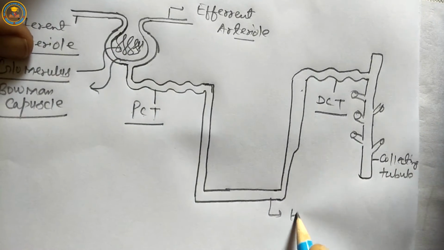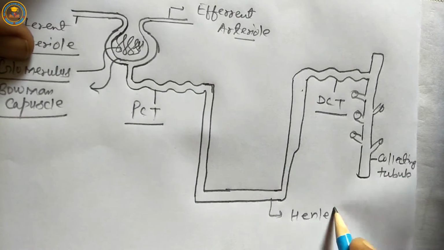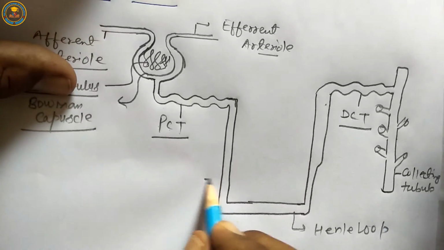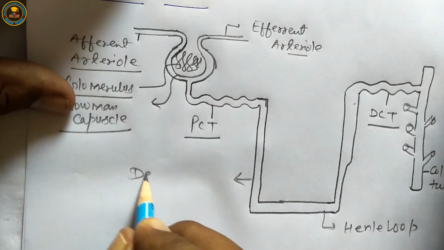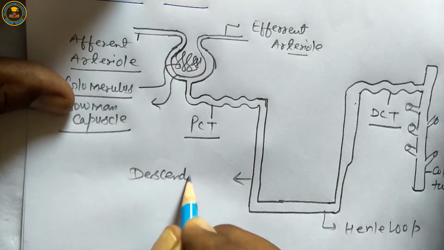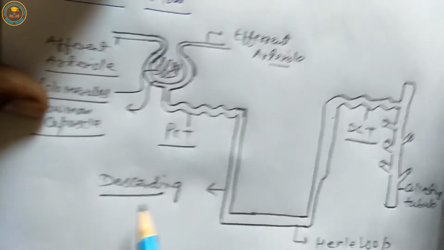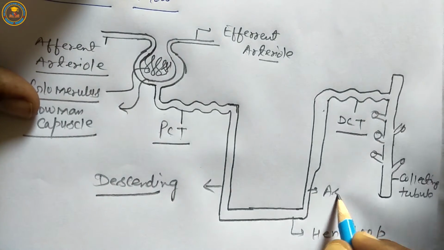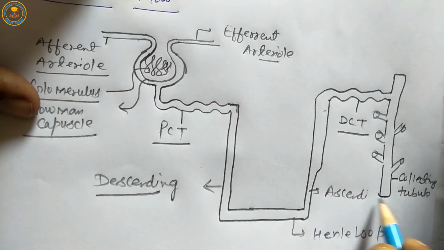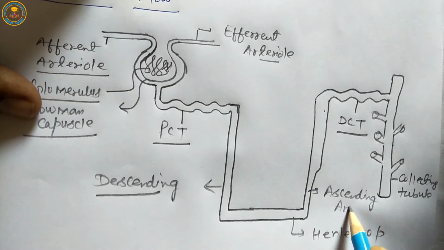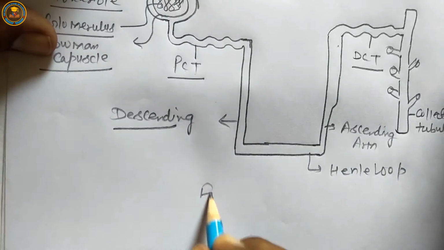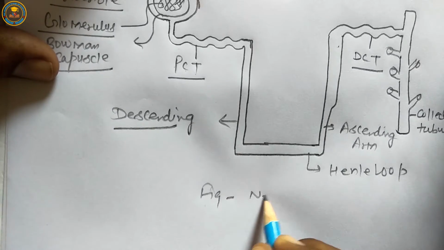This is Henle loop. This arm of Henle loop is descending arm, and this is ascending arm. So this is the figure of nephron.